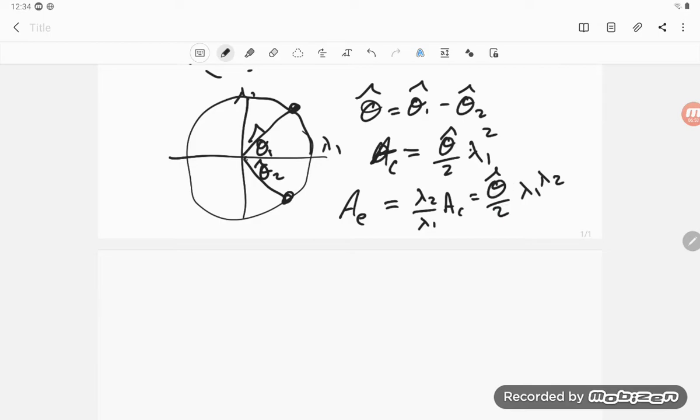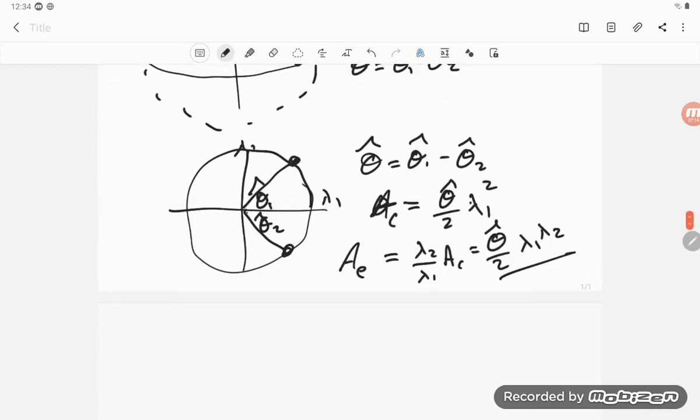And notice that if it's the whole circle, this becomes pi lambda 1 lambda 2, which is the area of a full ellipse. Okay, so now I have to talk a little bit about getting theta 1 hat and theta 2 hat, but other than that, this is pretty simple, right?